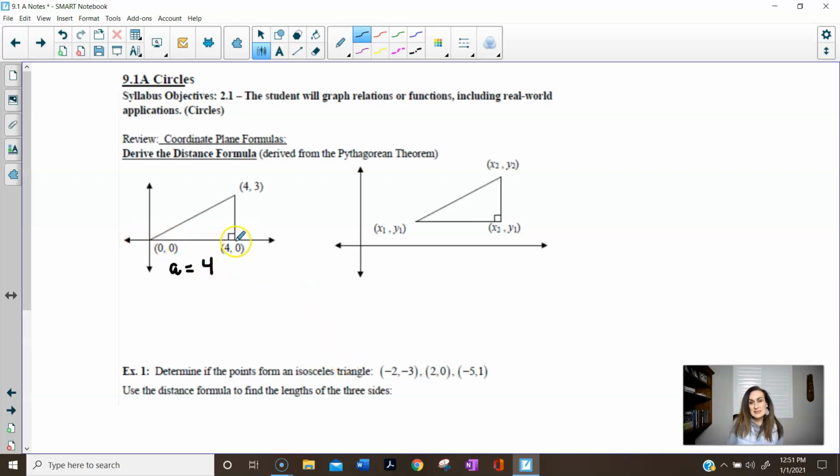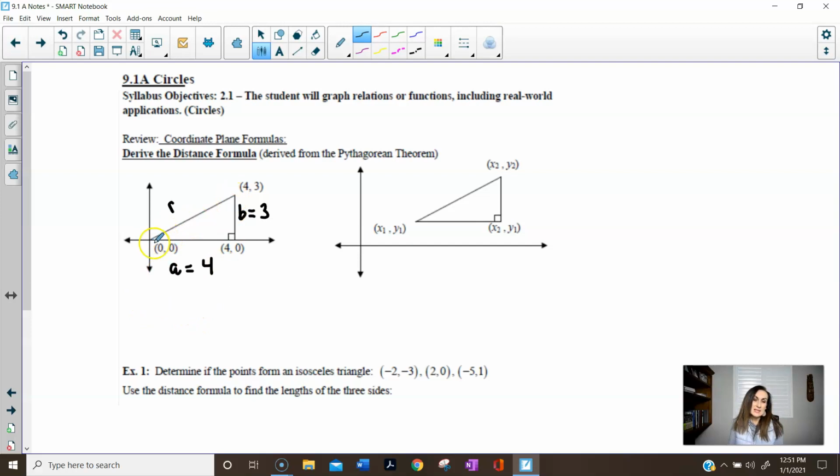Now, if we look at the length of this side of the triangle, we would be looking at the y values. And so we notice we start at 0 and we go up to 3. And so the length of that side is going to be 3. And then if we're looking for this side right here, which we could call r, what is the distance from the origin out to this point here?